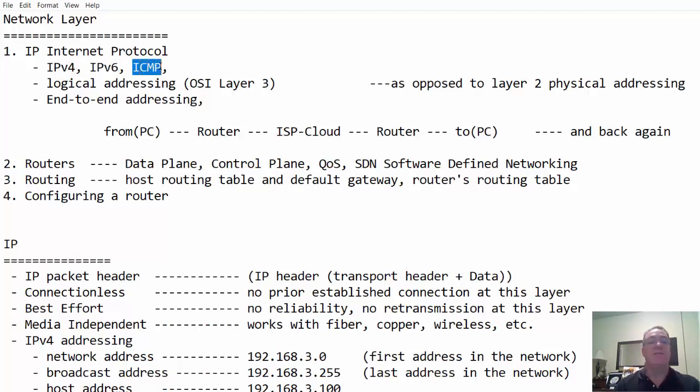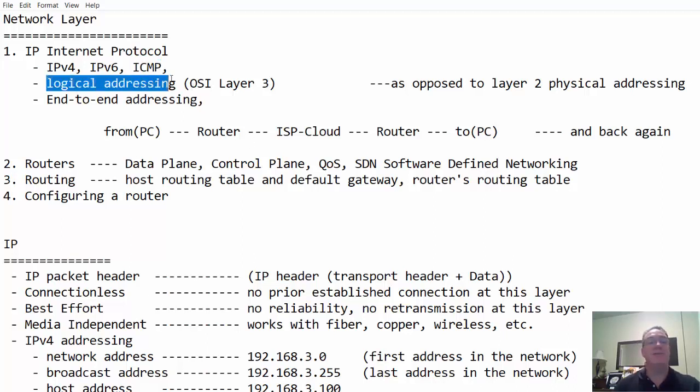And then ICMP, the Internet Control Message Protocol. This is used when we ping a host on the network, but it's also capable of relaying all kinds of other messages, especially in relationship to IP. So this is an error reporting messaging protocol that works with IP and also with routers.